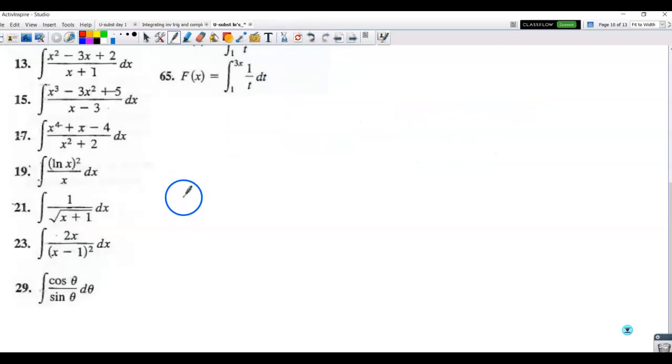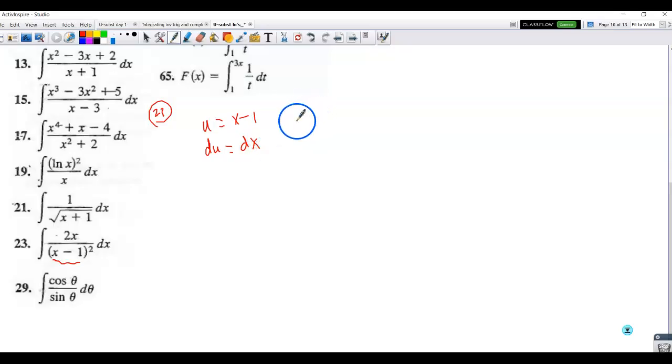Let's see. What am I going to let? I think I'm going to let u equal x minus 1, because that's an inside function. So for 23, u is equal to x minus 1. du is equal to dx.